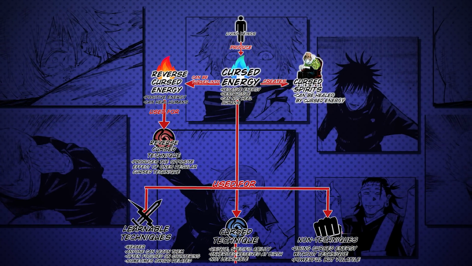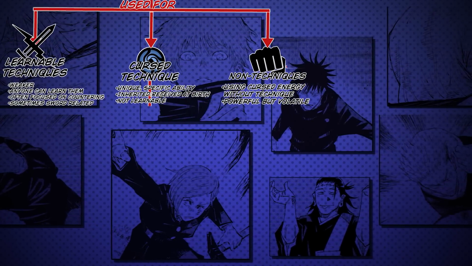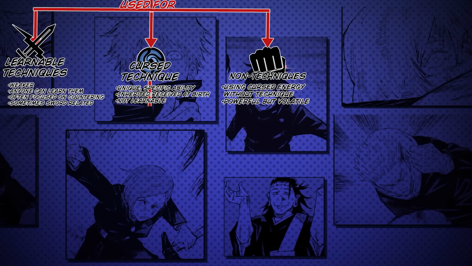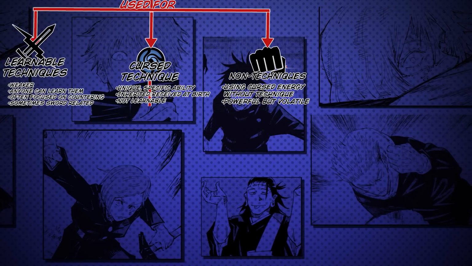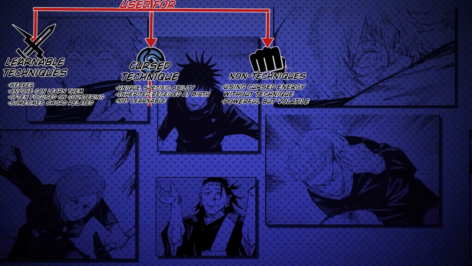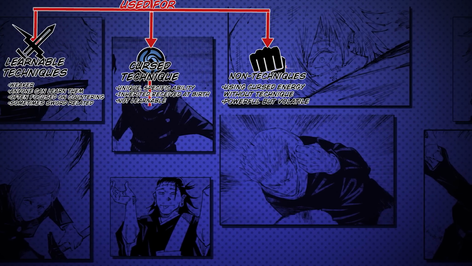Now, let's go back down the tree, down to non-techniques, because there is actually a little thing here that we might want to add. While some of the things that are included under this rider are just things that you can do that are not considered techniques, there are also a few properties of using cursed energy that fall into this category.